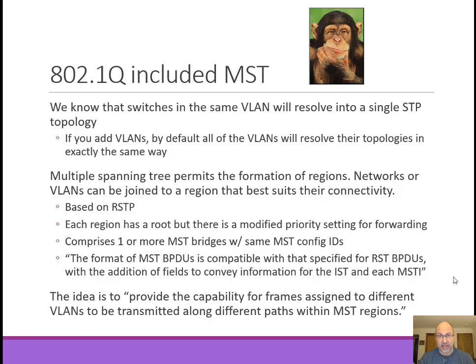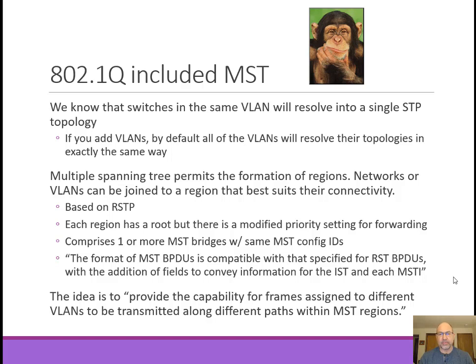It doesn't matter how many VLANs you have. They're going to have the same topology that the single VLAN topology had. And that is because you're just adding the VLAN onto the priorities. And so they'll all resolve along the lines of really the MAC addresses. And so the root would be the same for all of the VLANs.